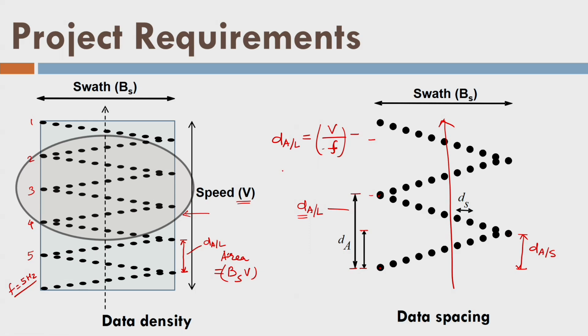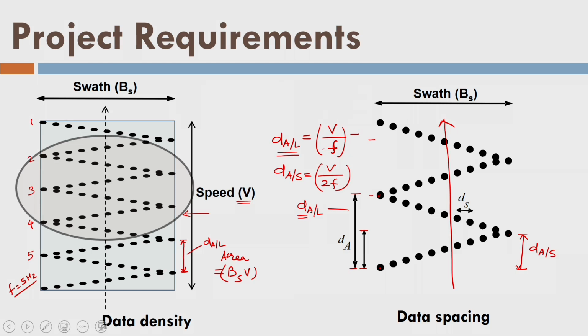Now, what about the shorter spacing? The shorter spacing will be given by V divided by 2 times F. It is very simple, you can understand it now. So it is up to you which spacing you specify if you want to acquire the LiDAR data by the airborne method. Okay, let us go ahead.